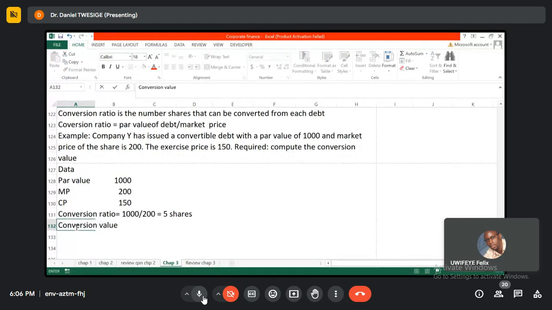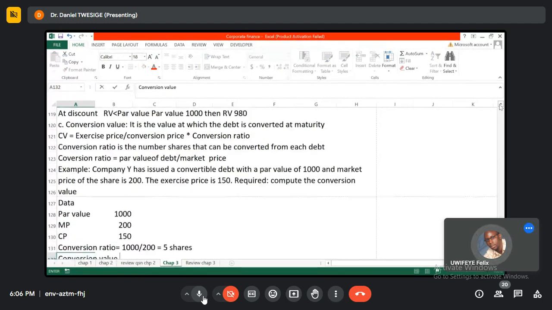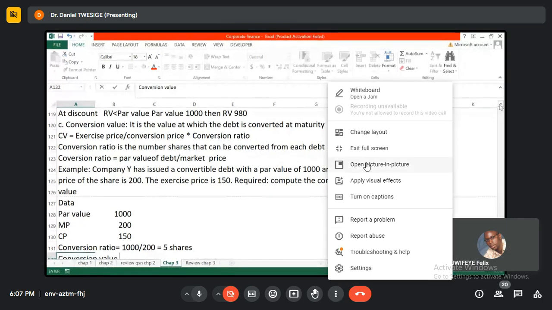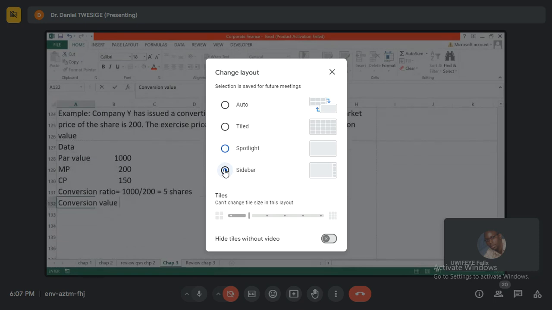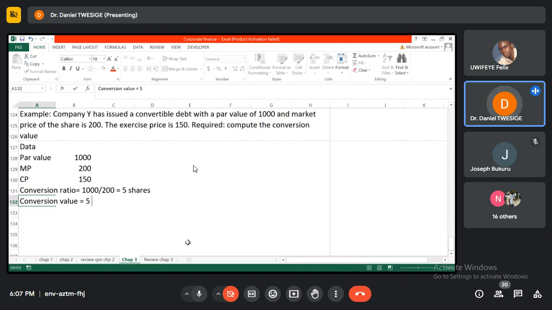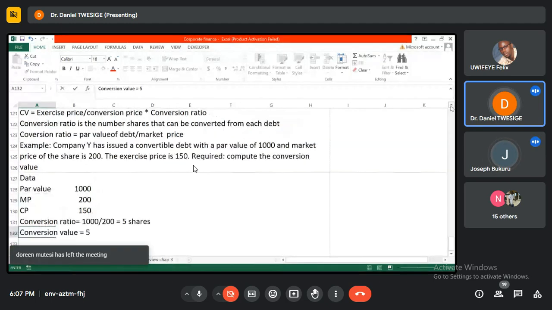Scroll up a little bit. Yes. So in this case, it means you'll get 5 shares times. Scroll up. I think I made a mistake.